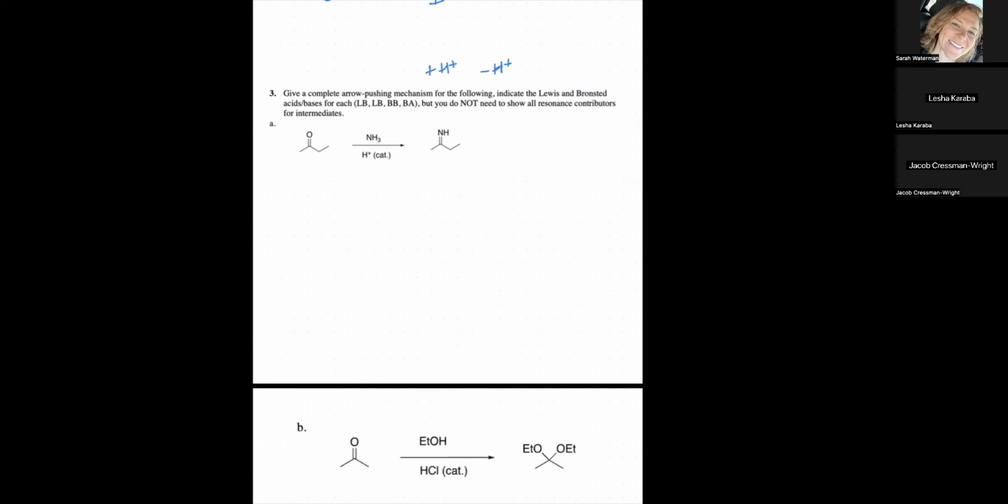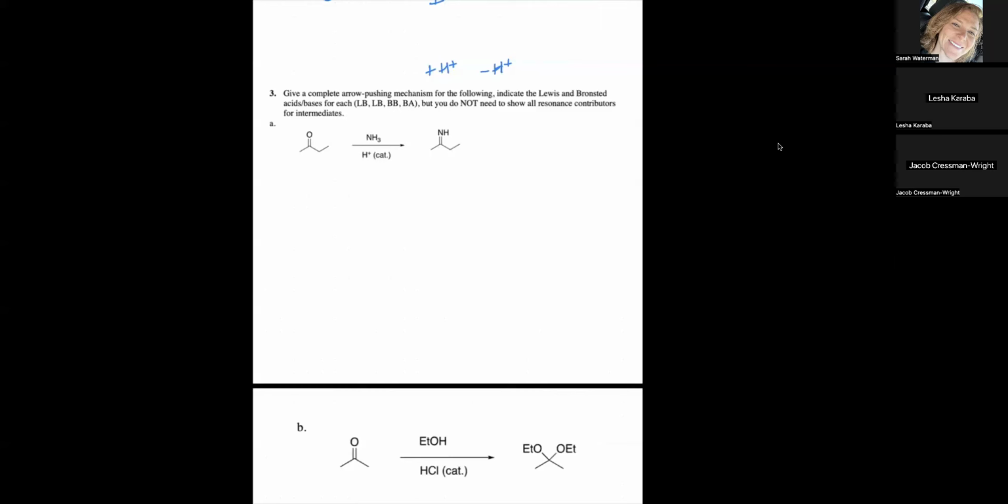Some homework questions said you can use the H plus and the H minus, and other ones said you can't use it. I think it just depended on the question. Oh, okay, that's fun. Well, I'm going to use H plus and plus and minus because it's a lot easier. I'm sure on the exams for mechanisms they will allow it, because otherwise it's kind of a pain in the butt.